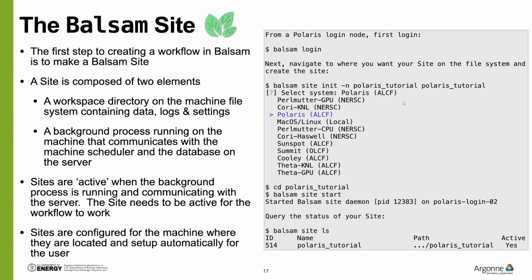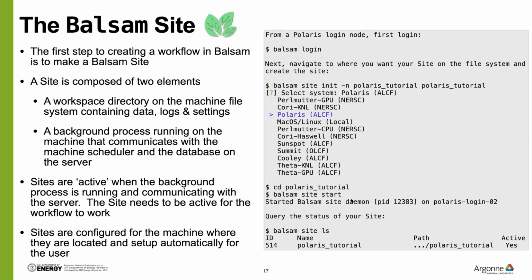When you type that, you are presented with a menu of possible machines where you can create a site. If you're on Polaris, you will just scroll down and select Polaris ALCF, but you can see here we have configurations for Summit at OLCF, for Perlmutter, both with the CPUs and the GPUs at NERSC, and all of our other ALCF machines.